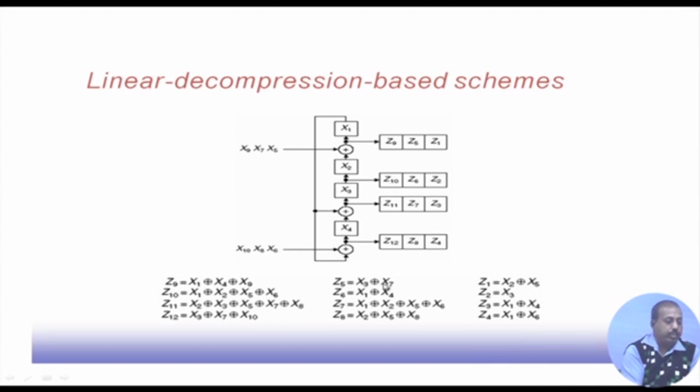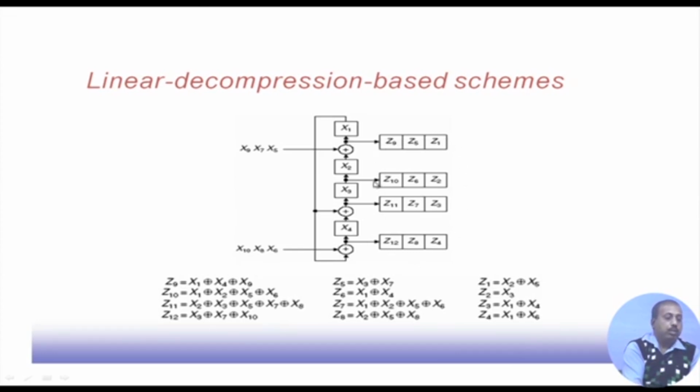Of course, there are many more things, but after the simplification, it can be found that Z5 is x3 XOR x7. So, what is happening is that ultimately we have this pattern Z consisting of Z1 to Z12, a 12 bit pattern, and for that we have to apply x1 to x10 to this machine to get the values Z1 to Z12.